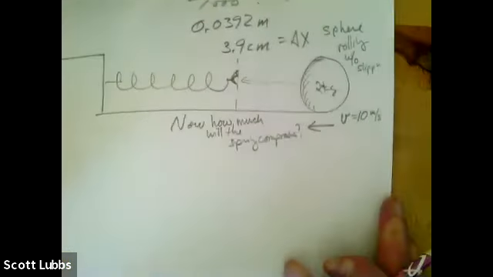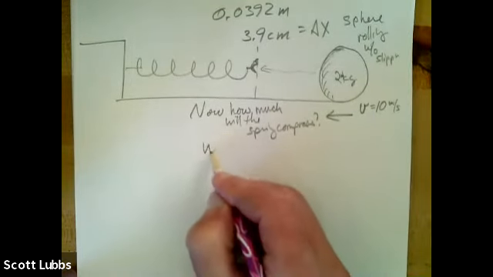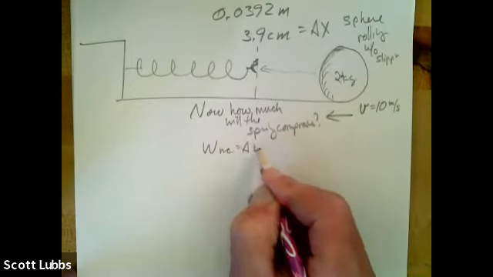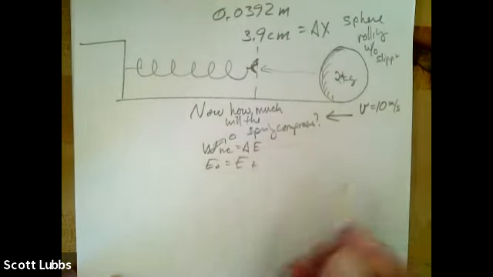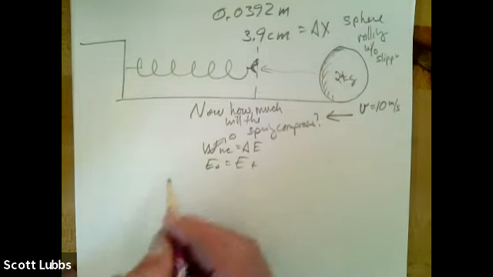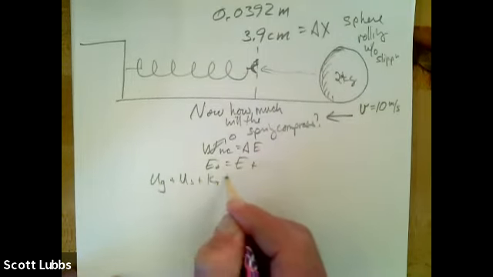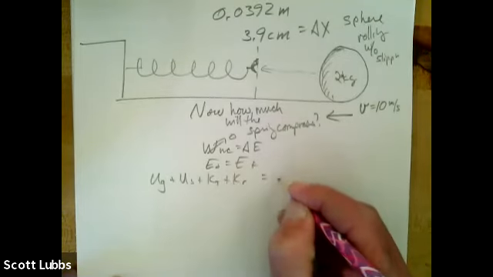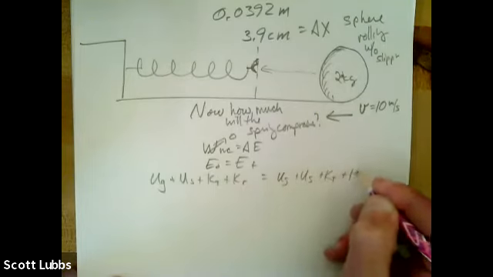I'll do some shortcuts here just because I'm starting to run out of time. Non-conservative work is going to change the energy. That's not there. E initial equals E final. E initial is spring, translational plus rotational. That's going to equal gravitational plus spring plus translational plus rotational.